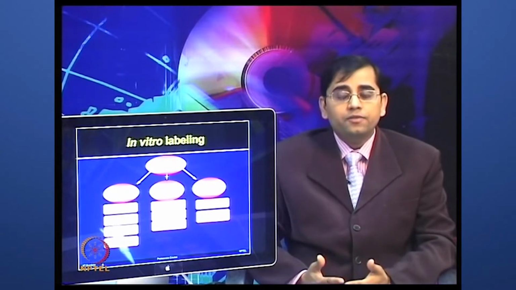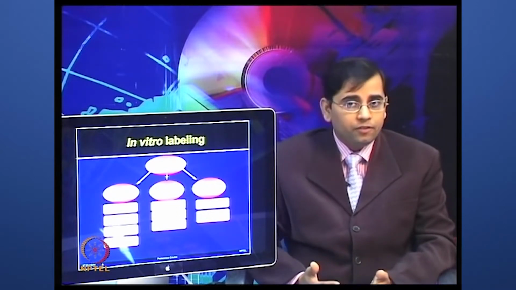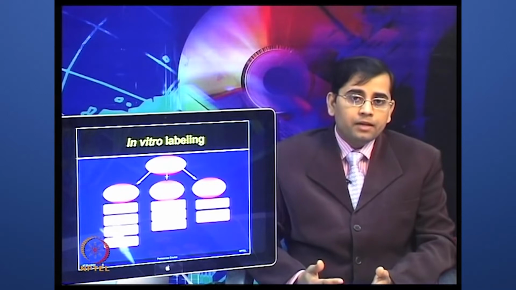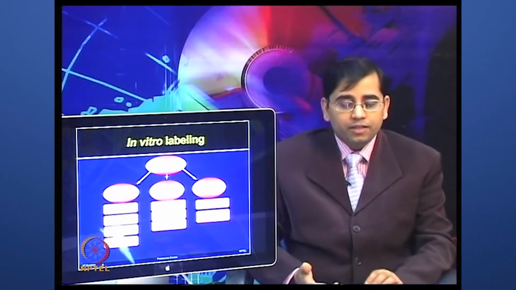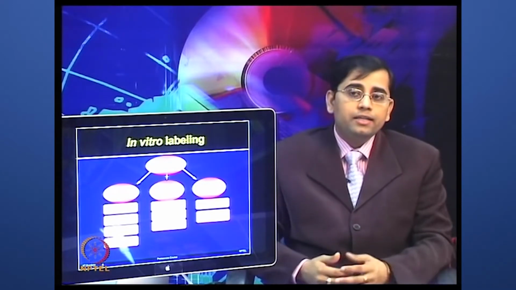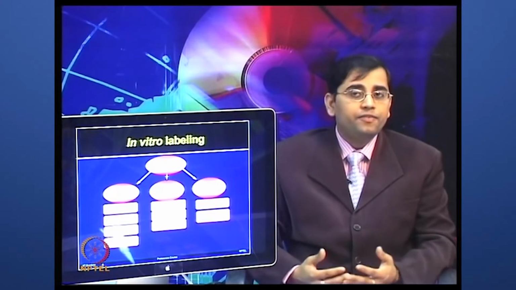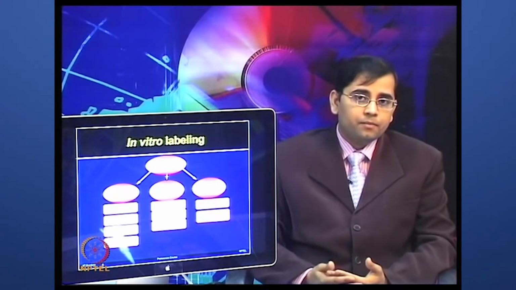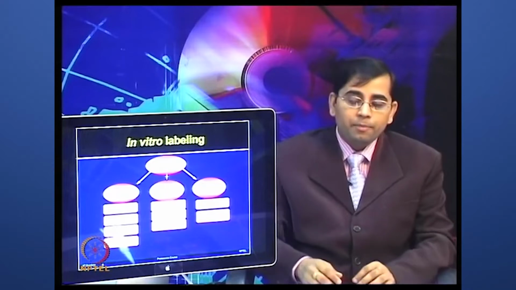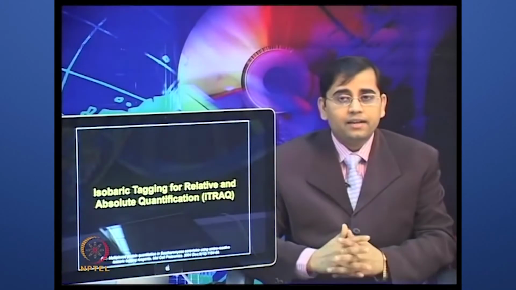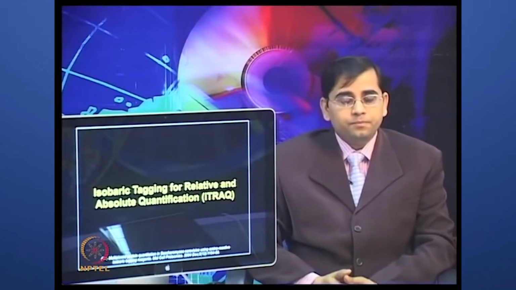So, there are a variety of in vitro labeling based approaches available, and depending upon your quantitative application, there is the possibility of using different types of tagging strategies. In our discussion today, we will mainly focus on iTRAQ and TMTs.